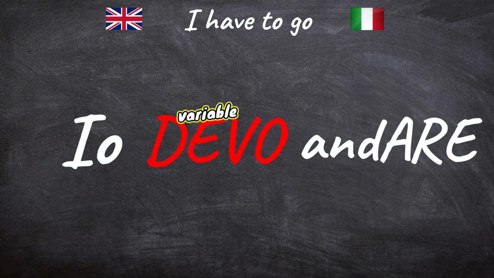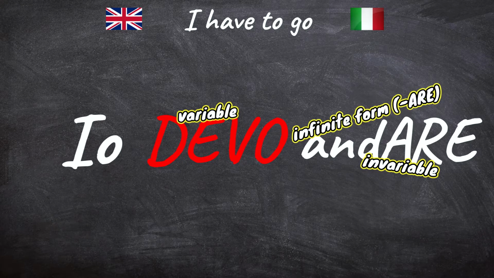Devo is variable, therefore it must be conjugated to its first singular person. Andare is the invariable part, so the verb after dovere is always placed in its infinitive form. So you can spot that the construction of the obligation using have to is very similar to Italian dovere.